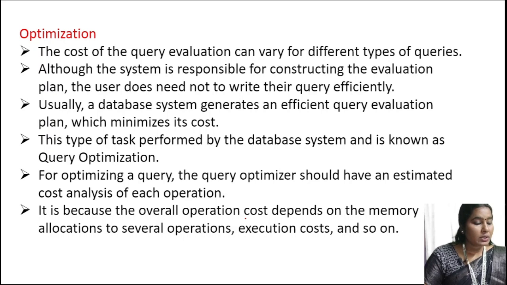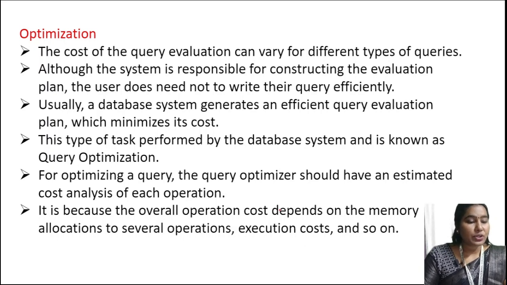The concept of query optimization is the process where the database figures out the best way to execute a query to minimize the cost, such as the time, memory and resources.